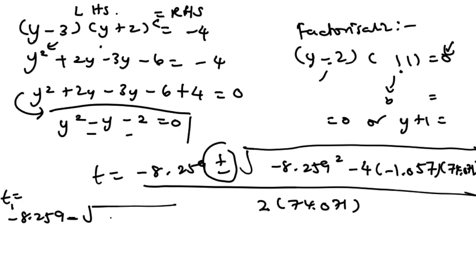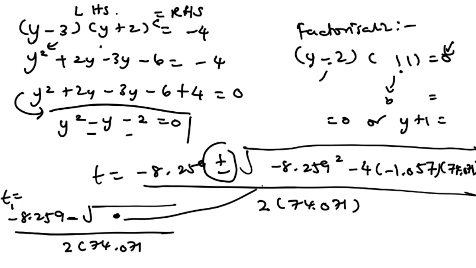I call it t1. I write it as dot because it's too long to write, and then divided by 2 times a. I write it as dot because I don't have enough space, but in the exam you can't write this as dot.